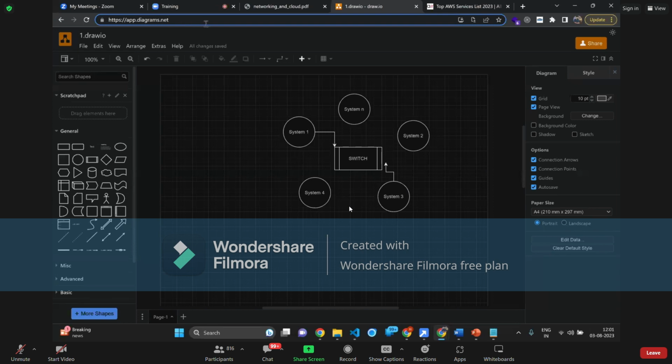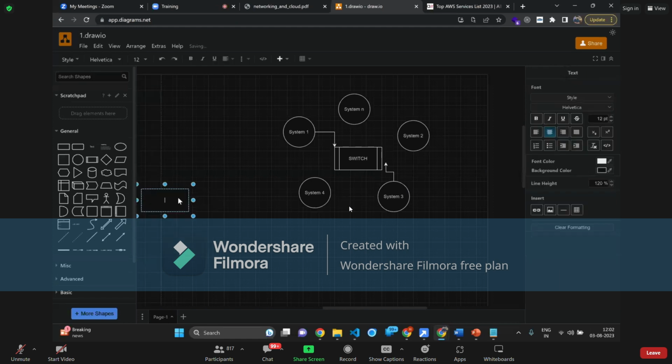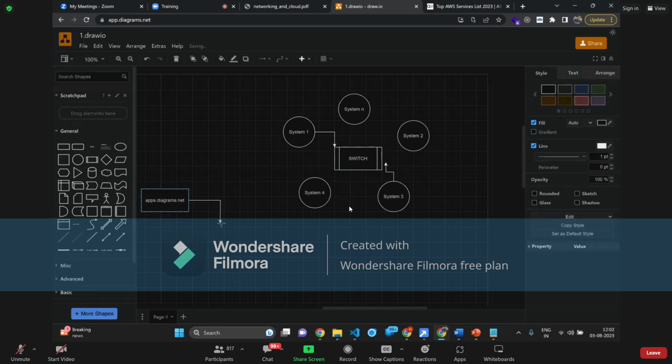What a domain name service does is it takes IP addresses and maps them to these domain names. Now, whenever somebody searches apps.diagrams.net, they go to the DNS.